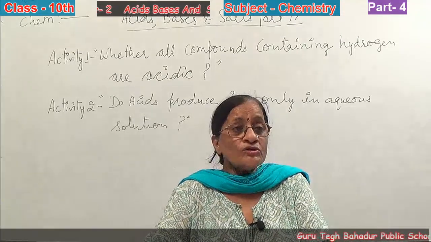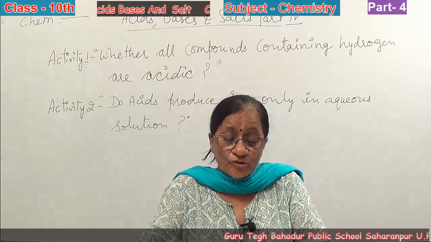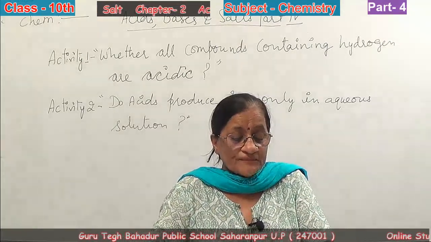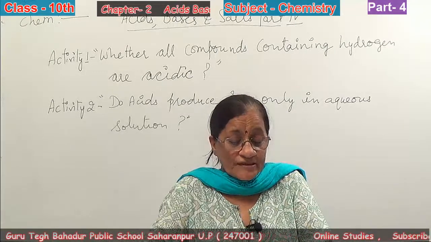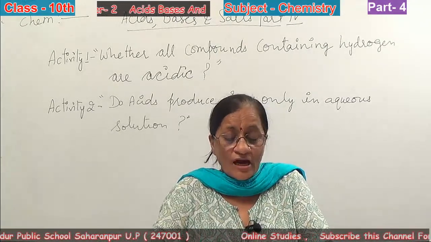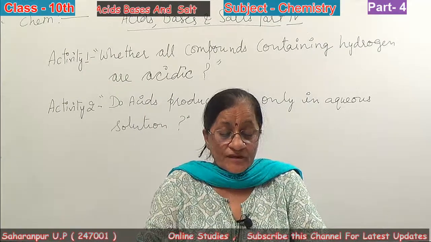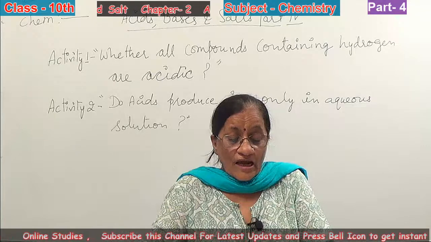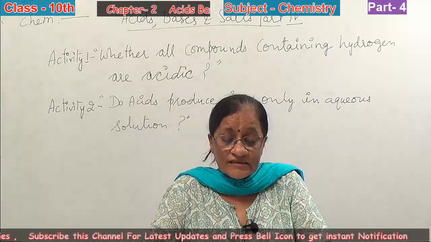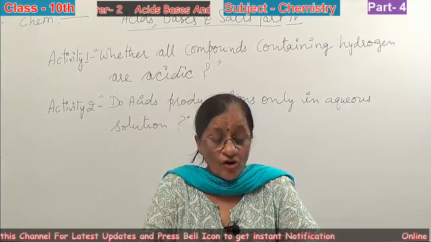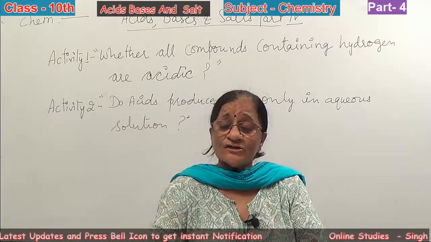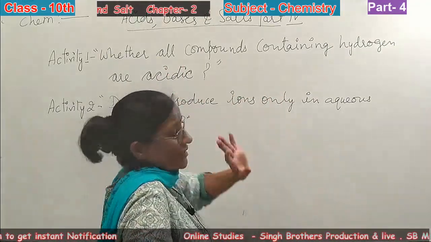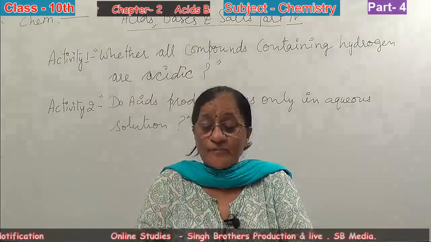But in the case of glucose and alcohol, they do not ionize in aqueous solution to give H positive ions, that is, the hydrogen present in them is non-ionizable, so they do not conduct electricity, as the flow of ions is responsible for the flow of current. So this activity, whether all compounds containing hydrogen are acidic, can be proved by this experiment.